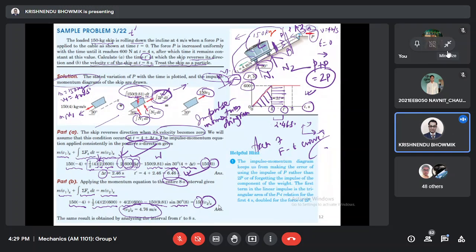When velocity started from 4 meter per second at t equal to 0, then slowly somebody has applied the force P from 0 to 60, then it remains constant, and at t equal to 6.46 second it stops and starts reverse direction velocity, and at 8 second it is having some reverse direction velocity, and that velocity was 4.76 meter per second. Have you understood? Any doubt up to this?